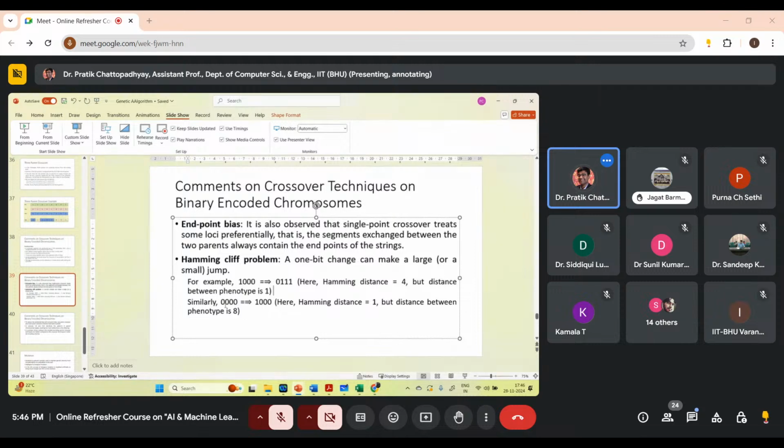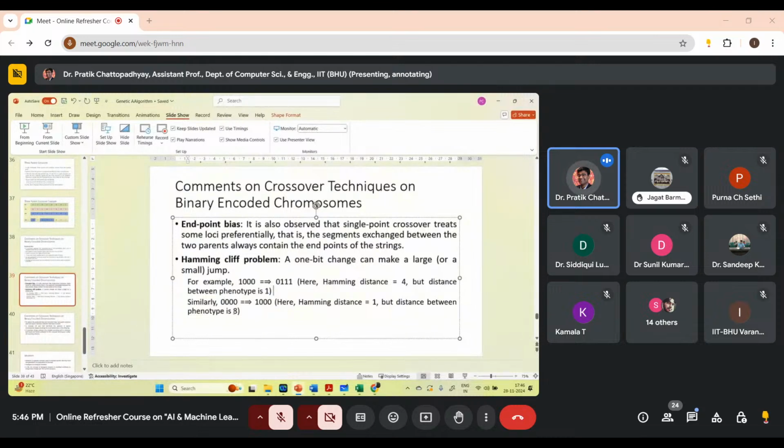Similarly here, the reverse thing, 0000 to 1000. 0000 means decimal 0 and 1000 means decimal 8. Here only one bit is not matching, the first bit. Hamming distance is one, the number of non-matching bits.